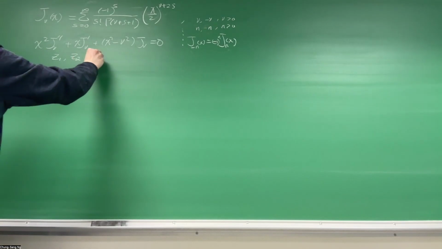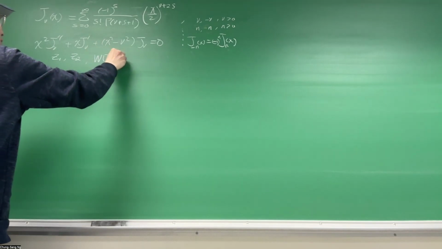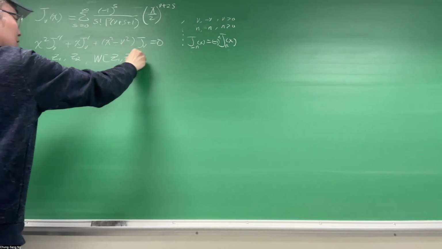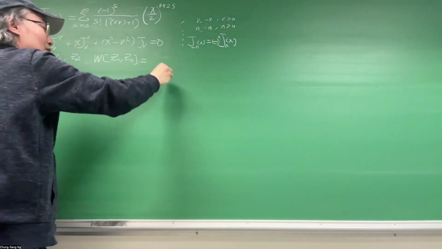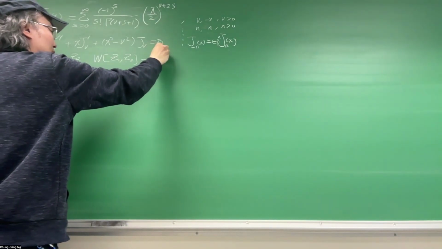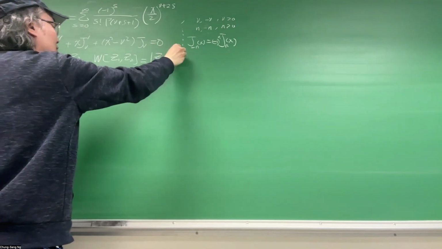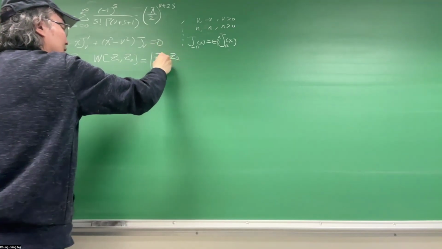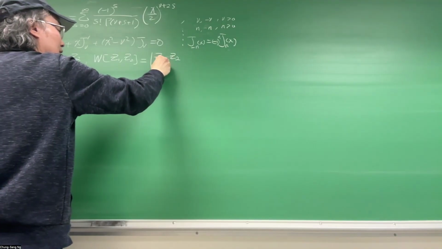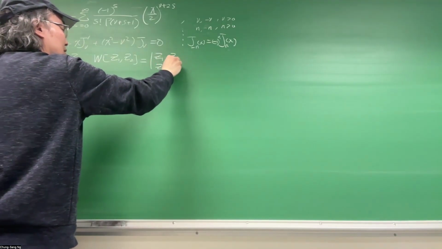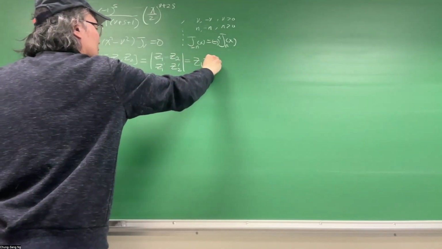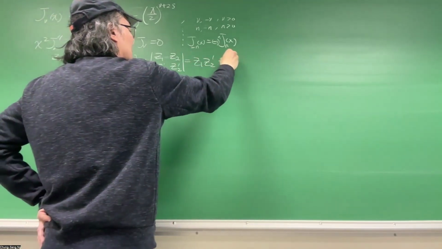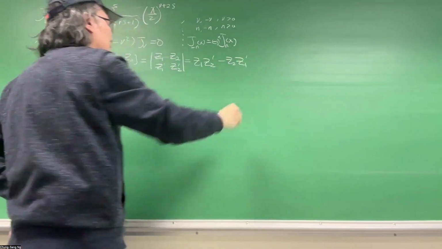Now we consider the Wronskian of C sub 1, C sub 2, which is defined as, well, it's easier to remember the matrix form, but you can write it explicitly: C1 C2 prime minus C2 C1 prime, right?